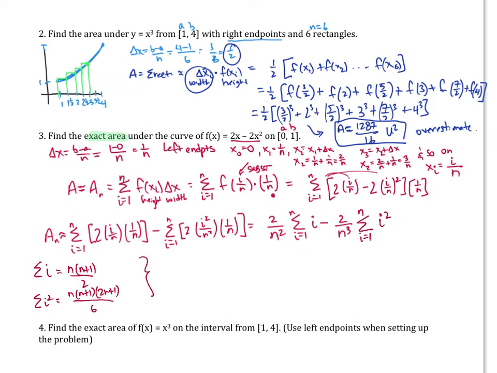So I'll end up here with 2 over n squared, and this formula will get substituted. This will be n times n plus 1 all over 2 minus 2 over n cubed, and I'll substitute that formula in over here, n plus 1 times 2n plus 1 over 6.